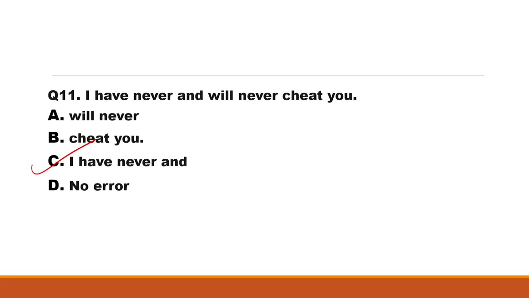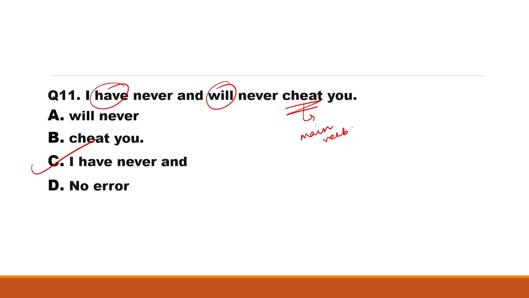So, as you can see in the given sentence, I have never and will never cheat you. So, have and will, these two are your two auxiliaries, and cheat is your main verb. Therefore, according to the rule, cheat will be used with both the auxiliaries according to the tense.